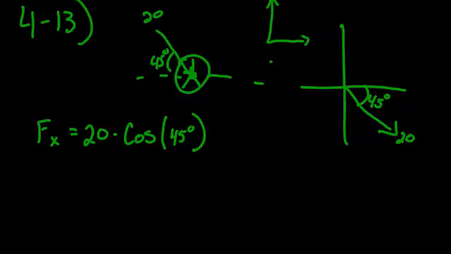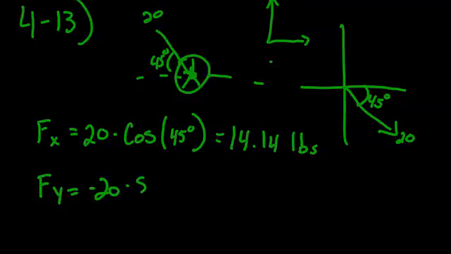And then this is equal to negative 45 for f of y, but this is equal to 14.14 pounds of pressure. Now f of y is equal to negative 20 times the sine of 45 degrees, because really it's a negative 45 degrees, but that just relates to sine, so it would bring the sine outside of all this.